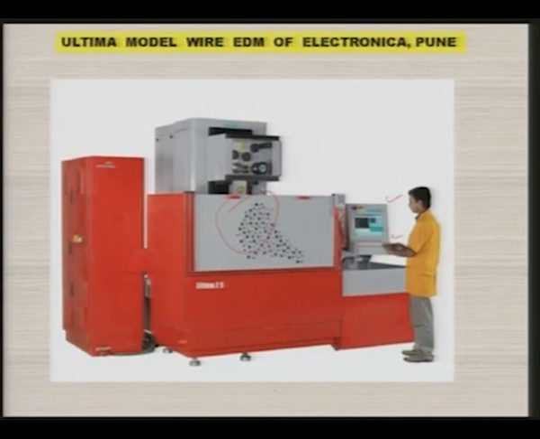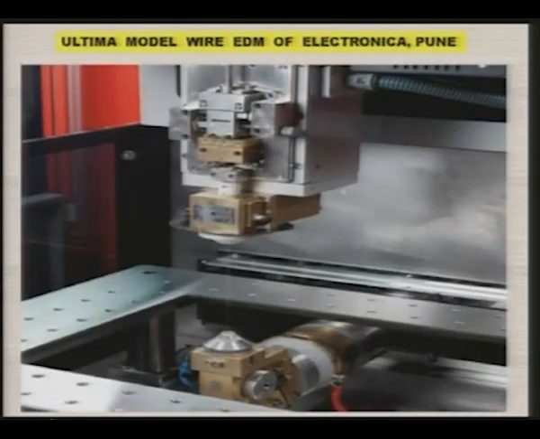And here not visible clearly, as you can see in the next picture, wire is clearly visible over here. This is the wire, this is the holder, and you will keep the workpiece over here, so that it can be cut by the movement of the workpiece in x y direction, and if the slides are given for tilting the wire, then you can tilt the wire to get the 3D component.